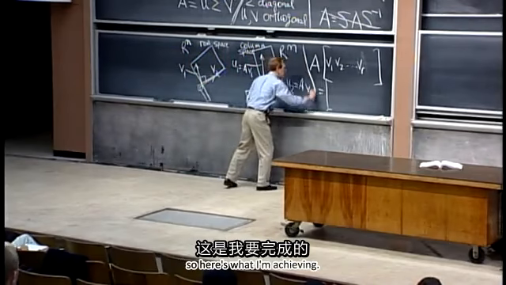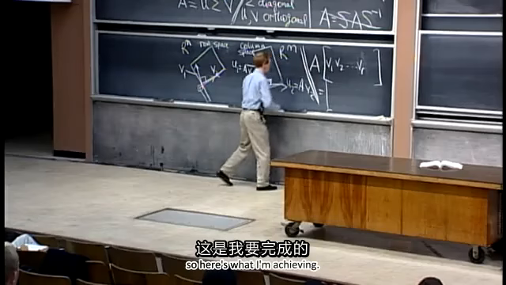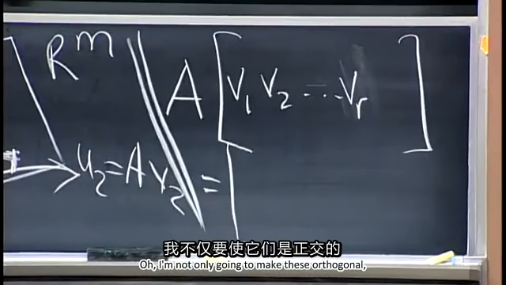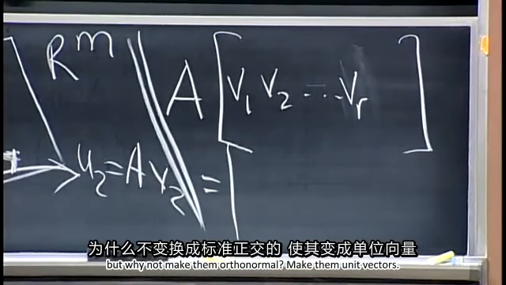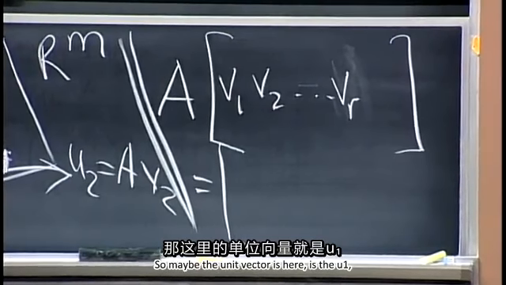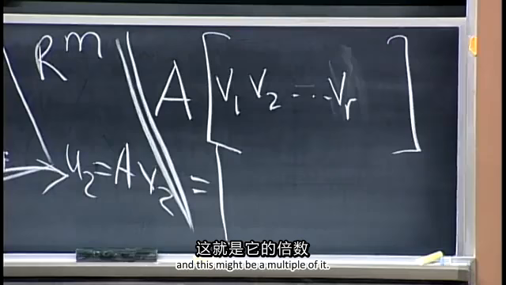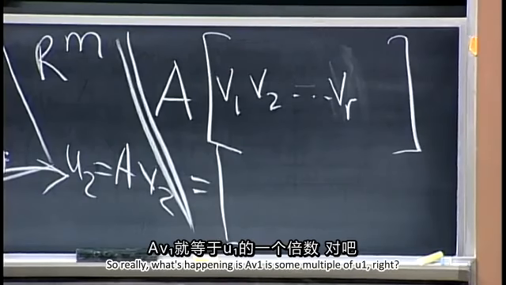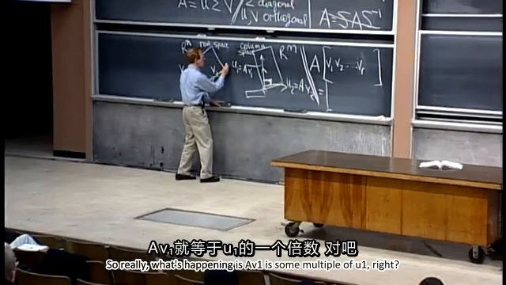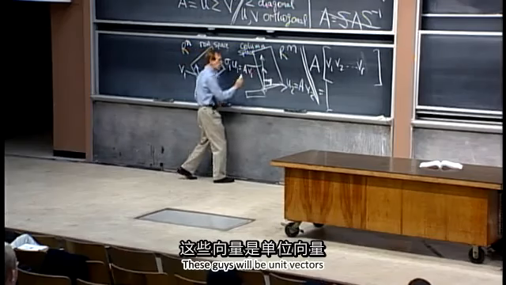So here's what I'm achieving. I'm not only going to make these orthogonal, but why not make them orthonormal? Make them unit vectors. So maybe the unit vector is here, is the U1, and this might be a multiple of it. So really what's happening is AV1 is some multiple of U1, right?